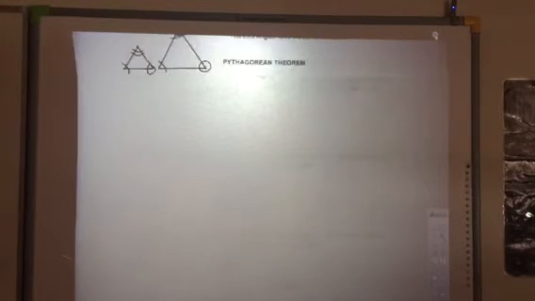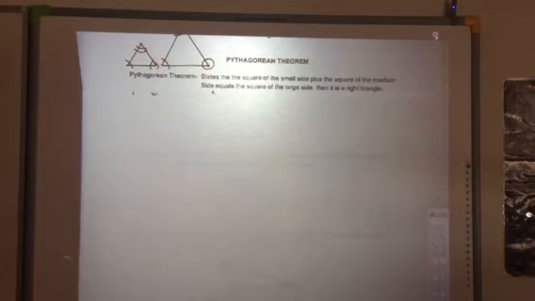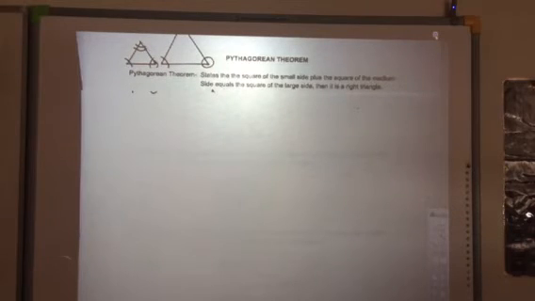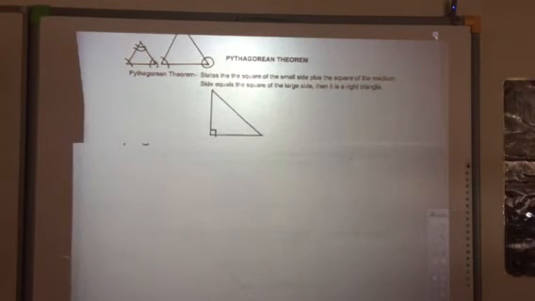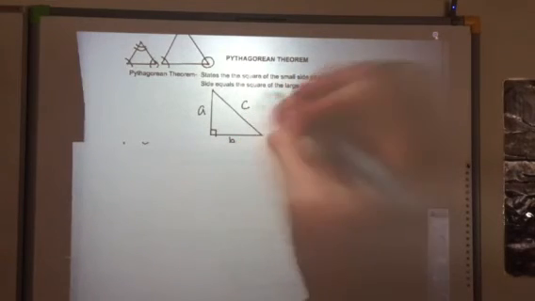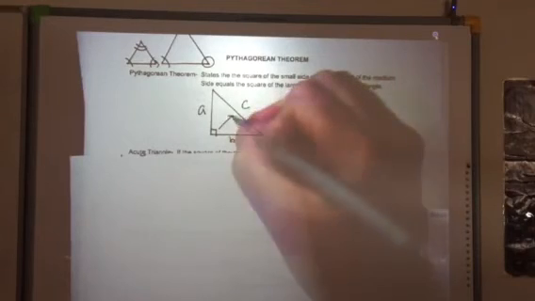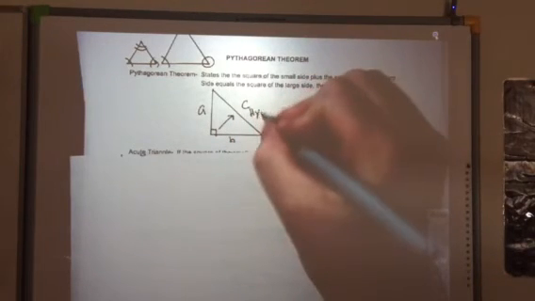Then we get into Pythagorean theorem, towards the end of the chapter that we're starting right now. Pythagorean theorem states the square of the small side plus the square of the medium side equals the square of the large side. So A squared plus B squared equals C squared, where C, the longest side of the triangle, is called the hypotenuse.